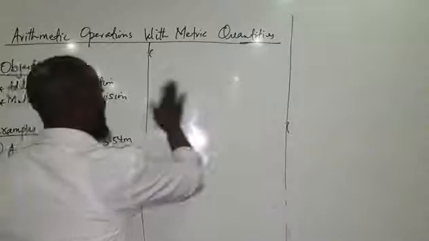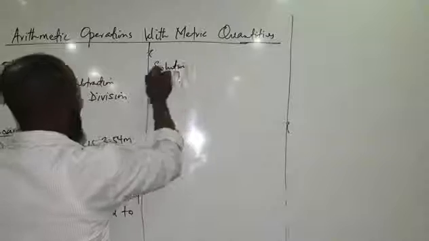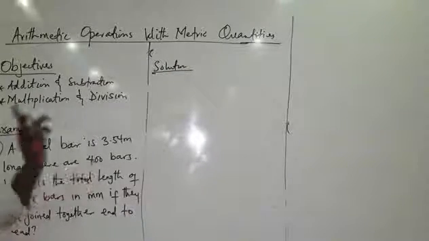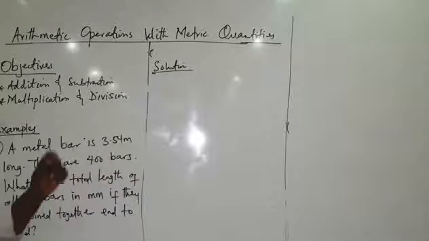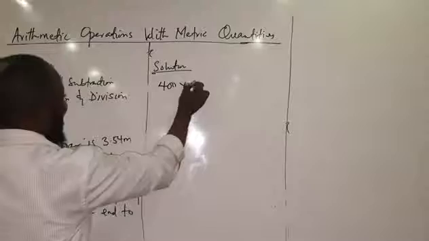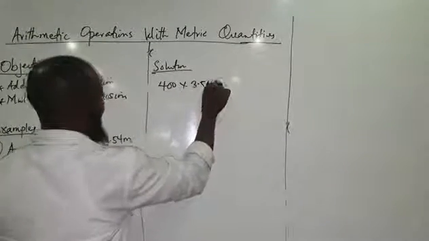In solving this, since we have 400 bars and each bar is 3.54 meters, that means 400 bars multiplied by the length of each one, 3.54 meters.